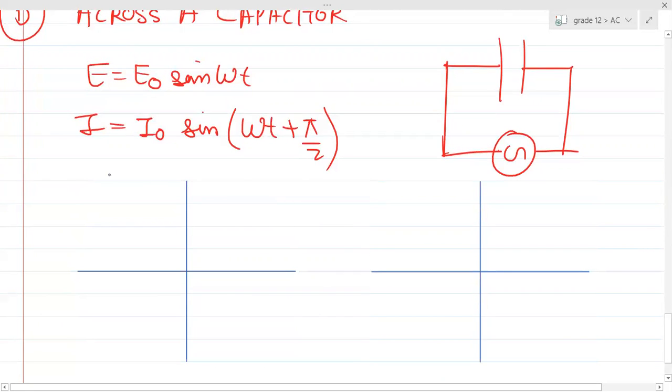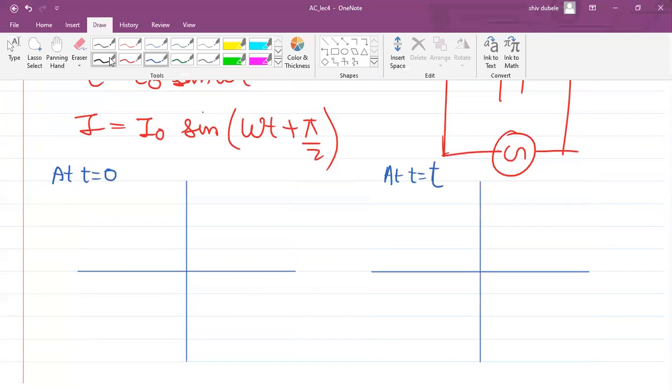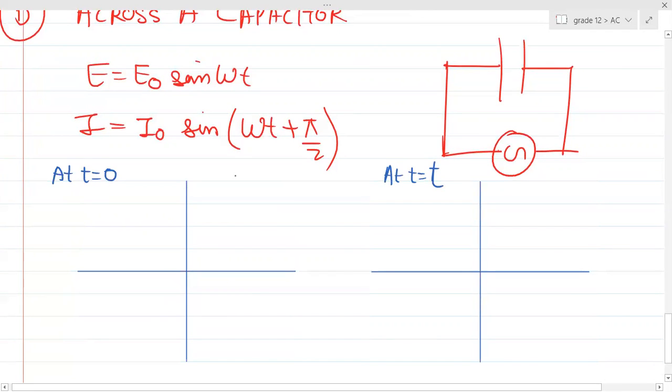I'll always draw two different diagrams: one at t equals 0 and one at t equals t, general time. Can anyone draw these phasors for me? Let's draw the phasor for E naught with black. Where exactly will this phasor lie at t equals 0? On the positive x-axis. Very good.